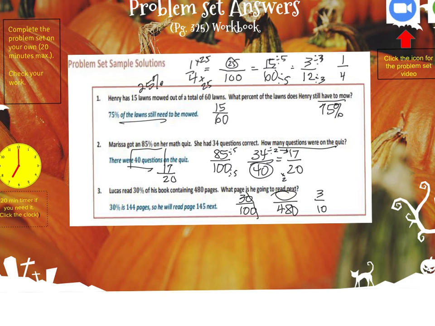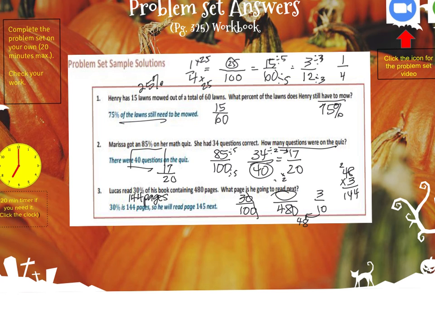And so 10 times what gives me 480? 48. So what is 48 times 3? It's 144. So this 30% is on page 144.